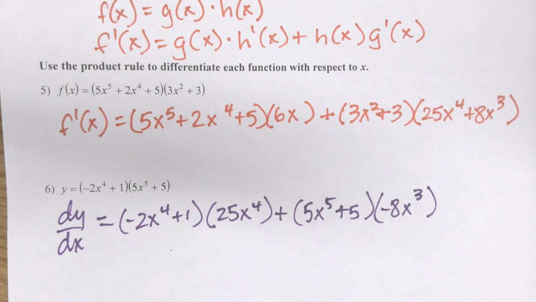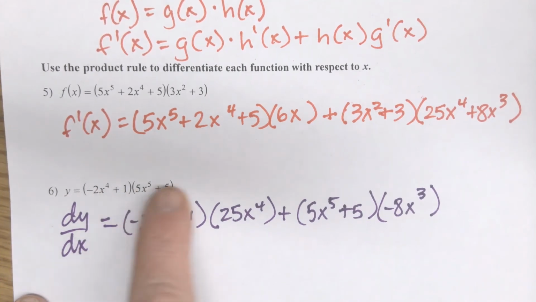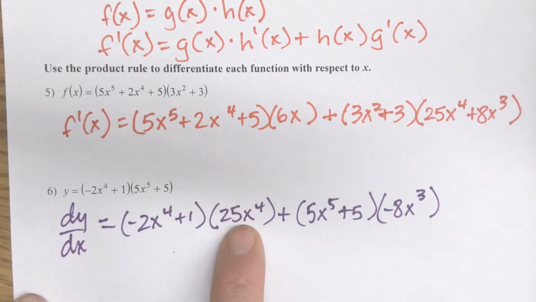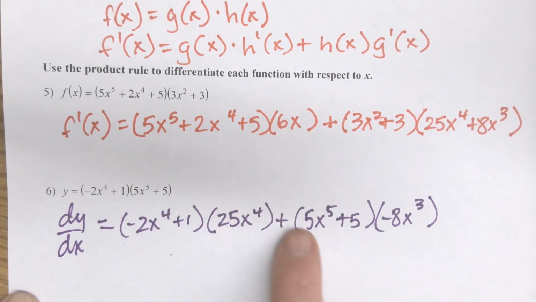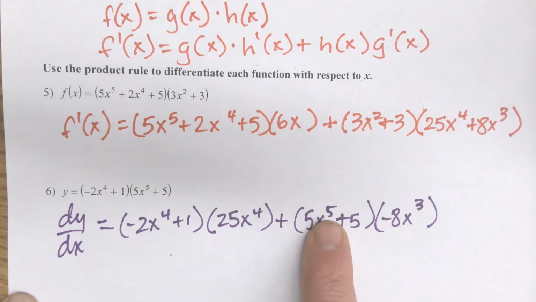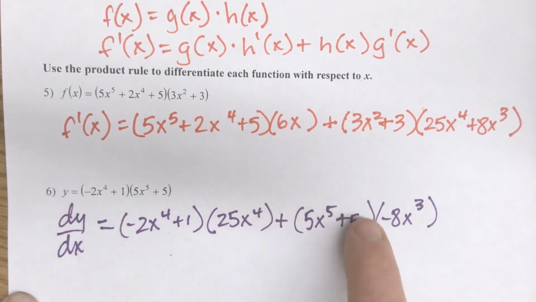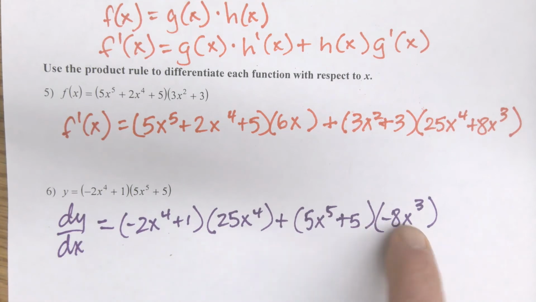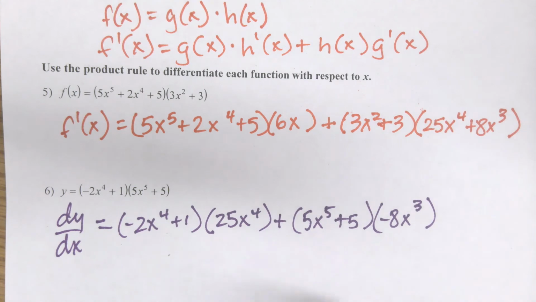Just leave it as is. Go through the power rule on each of them. First as is, derivative of the second, 5 times 5, 25, x to the fourth, plus 0, which I don't need to write, plus the second as is, times the derivative of the first. So the derivative of the first would be 4 times negative 2, negative 8x. Then I lower the power 1, so it's cubed, plus 0, which I don't need to write.